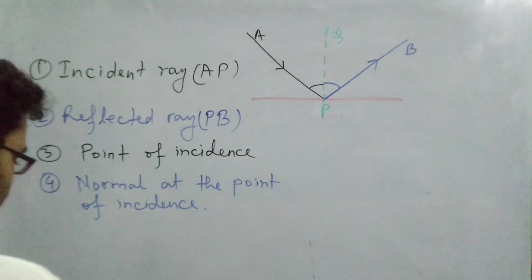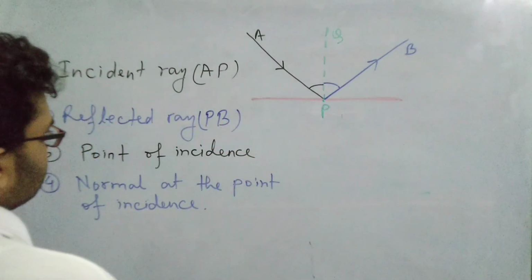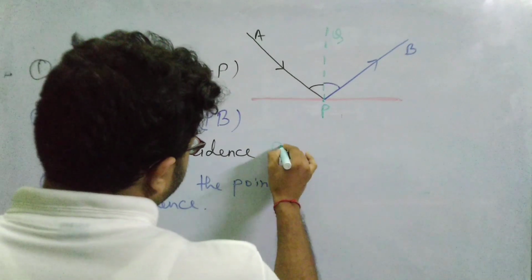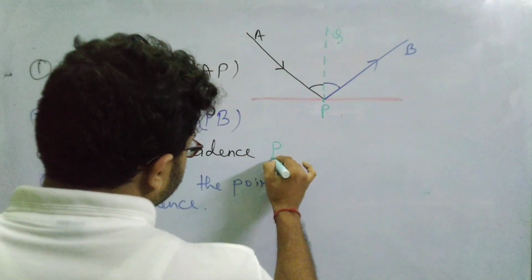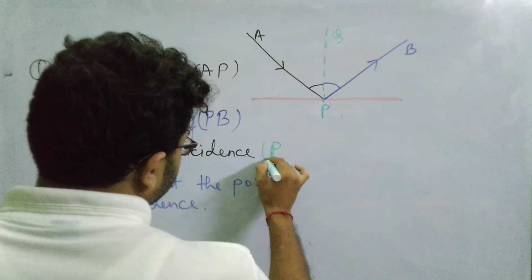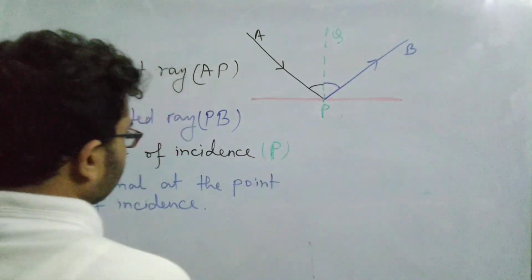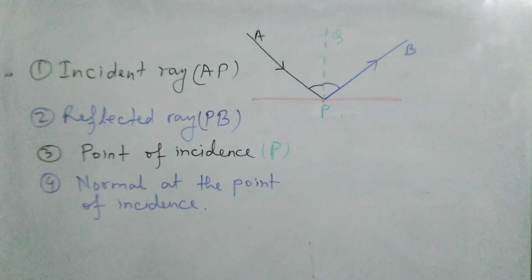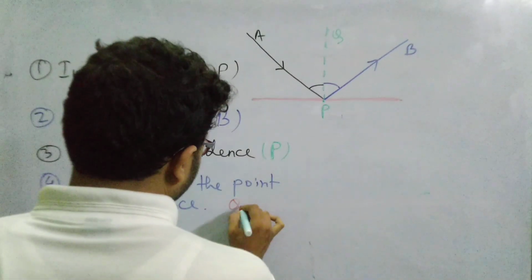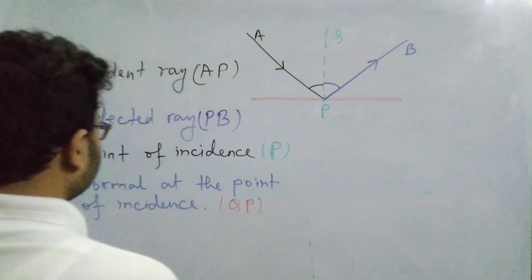The point of incidence is P. And the normal at the point of incidence is the line QP.